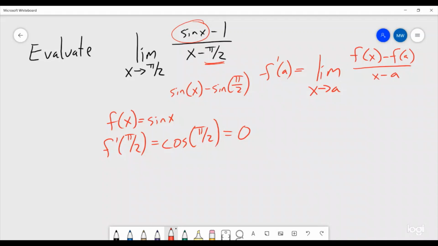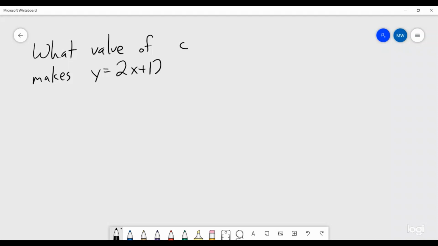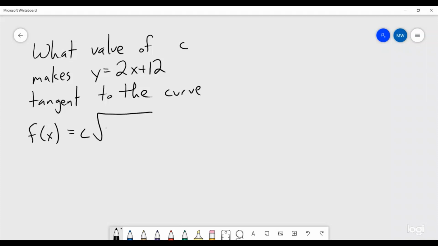So let's do another type of problem. Another one that they might give you would be something that would be asking what value of c makes y equals 2x plus 12 tangent to the curve f of x equals c times the square root of x minus 4 plus 2.